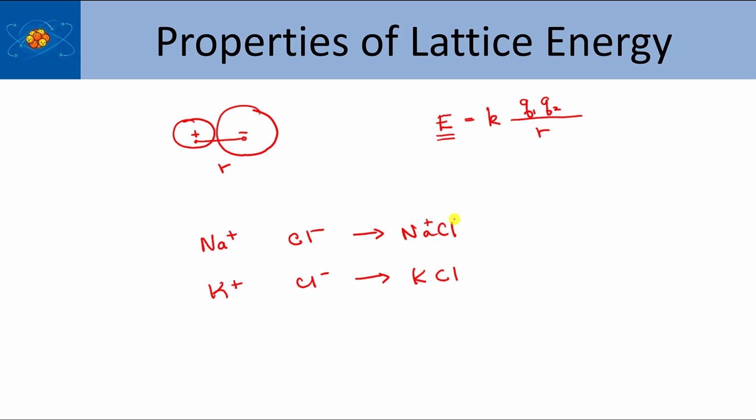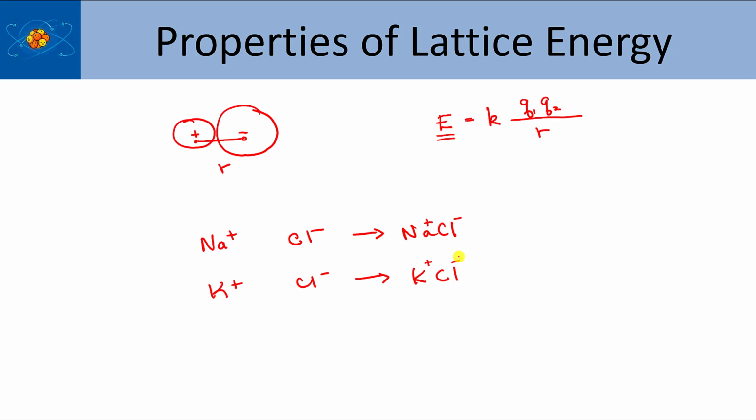I want to put plus here and minus, although we don't normally write it when we write the ionic compounds. How are these two different? Which would have a greater lattice energy? Now, it looks like they're both plus one, minus one.